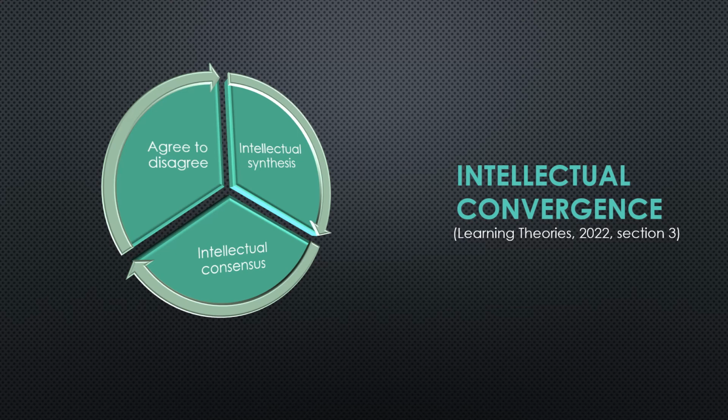This phase is called the intellectual convergence phase. In this phase of online collaborative learning, the aim here is to reach a level of intellectual understanding and consensus, which could include agreeing to disagree, because at this point, learners are expected to produce some sort of artifact or to construct a piece of work.